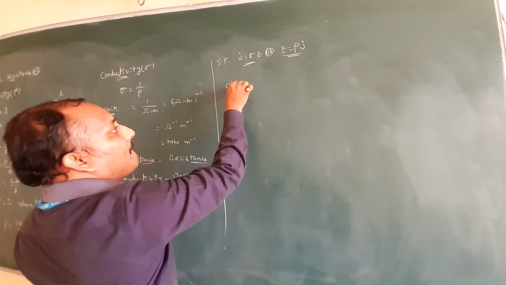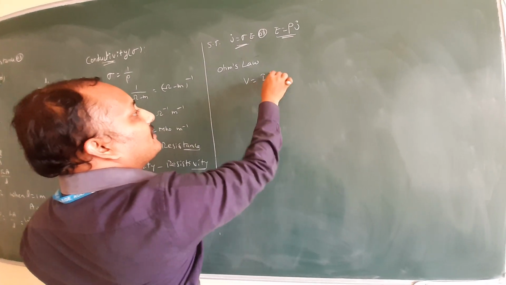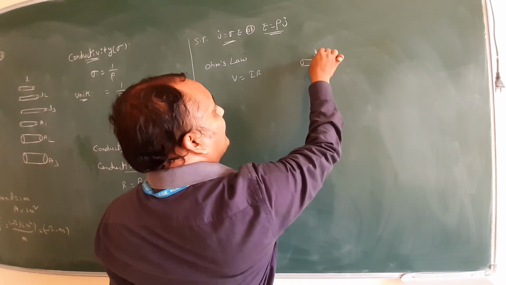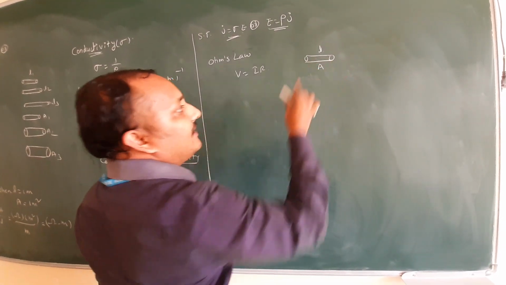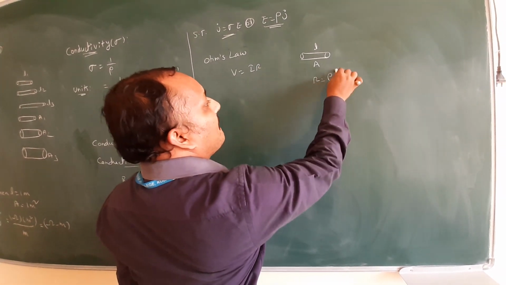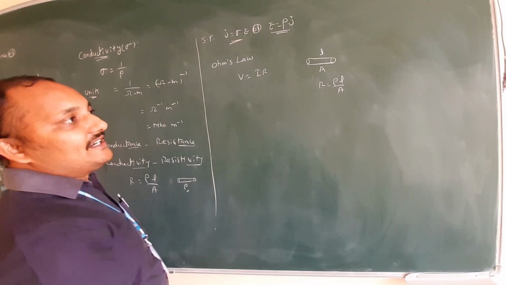According to Ohm's law, V is equal to IR. Here R is the resistance of the given conductor, which has length L and area of cross section A. Then R is equal to rho L by A, because in this equation we have resistivity and electric field.